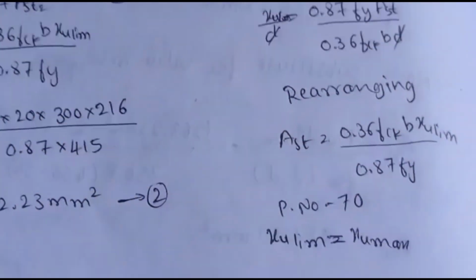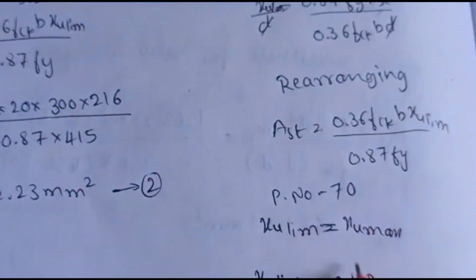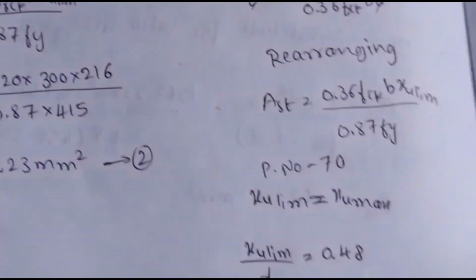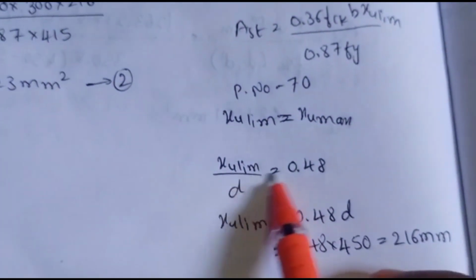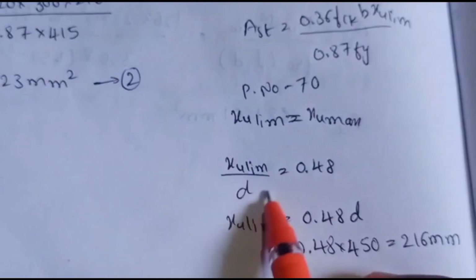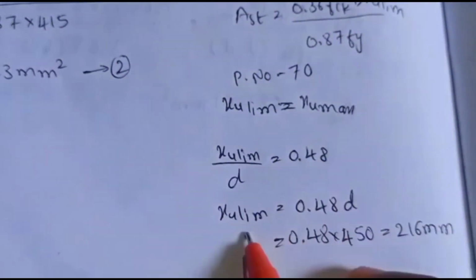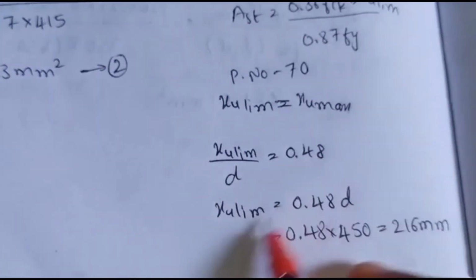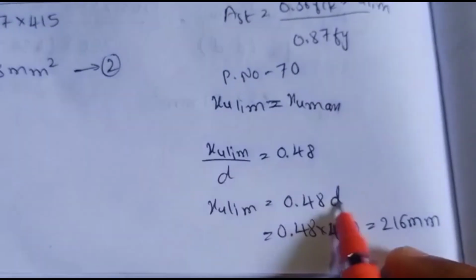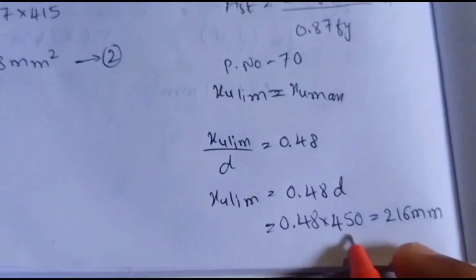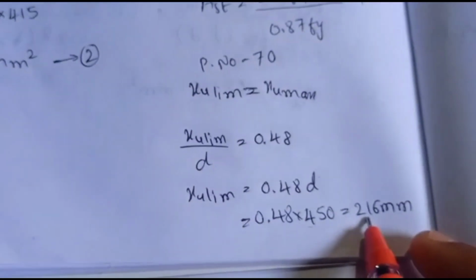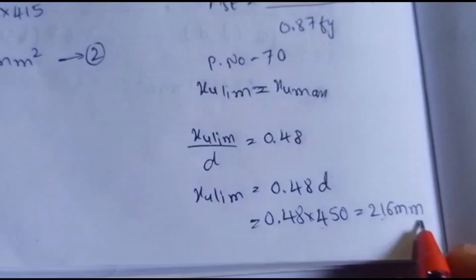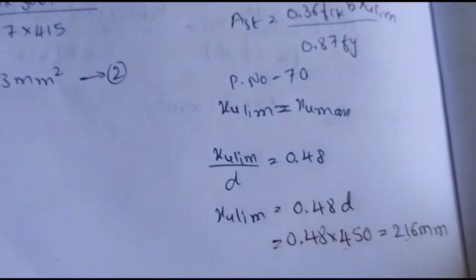Our Xu limit is equal to Xu maximum. For that, Xu limit divided by d is equal to 0.48, so moving d to the other side, Xu limit is equal to 0.48 d. Substitute the d value and simplify. We get 216 mm as our Xu limit value.